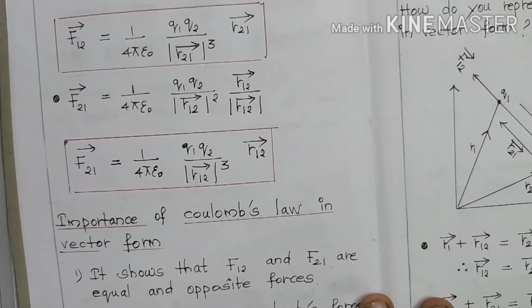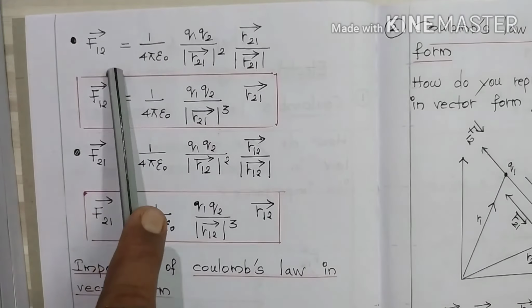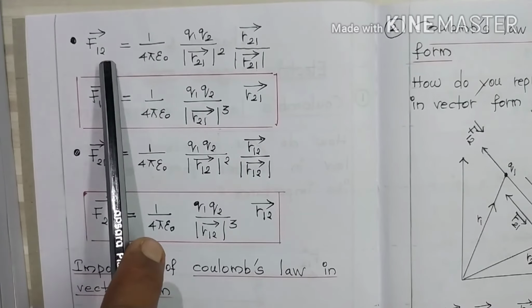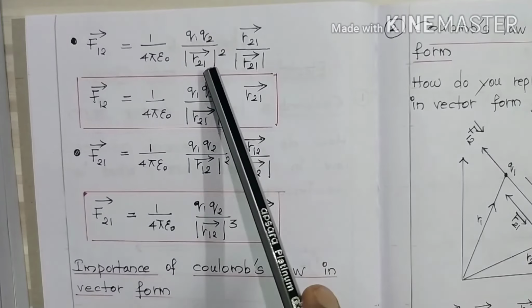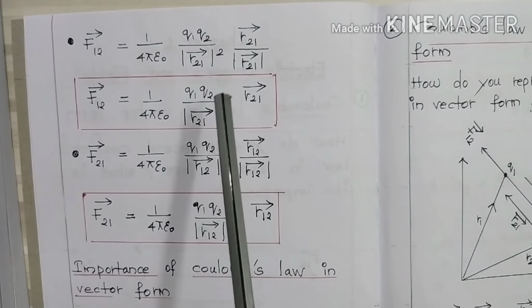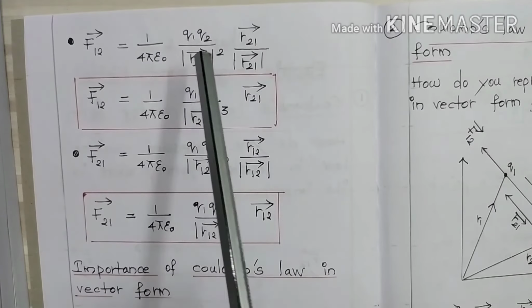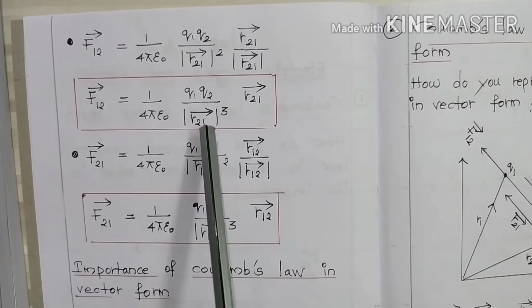Now see here, F12 vector is equal to 1 by 4 pi epsilon naught Q1 Q2 by the same equation. Here we have substituted. So in the next step, here square is there, here again another term is there. So altogether it becomes cube.